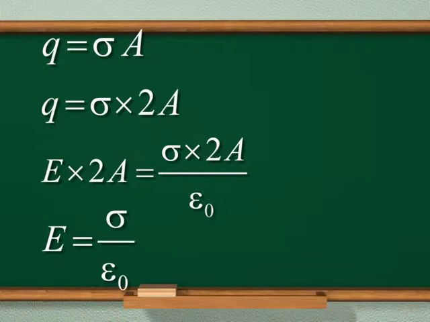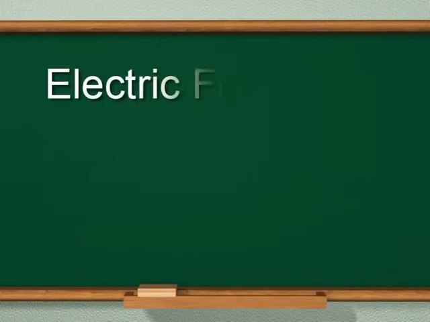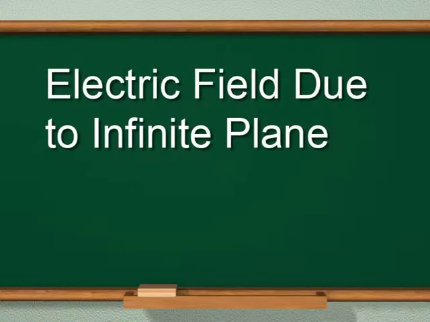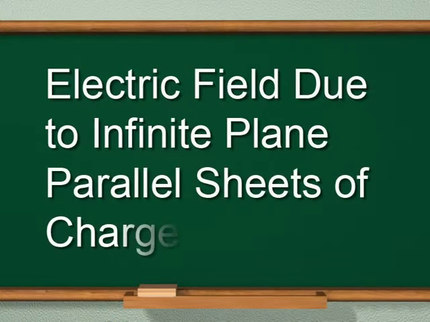Next, we will be learning about the electric field due to infinite plane parallel sheets of charge. Consider two infinite plane parallel sheets of charge A and B having surface charge densities equal to sigma A and sigma B respectively.